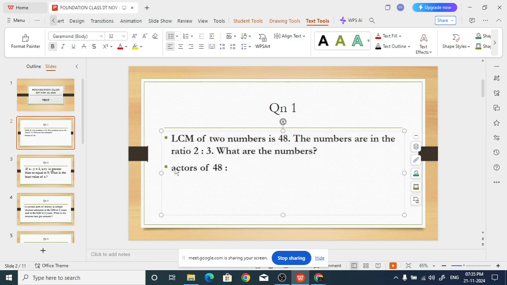Can you tell me factors of 48? 2, 3, 4, 6, 8, 12, 16. Then what is the next factor? 24, sir. 24. Now take any two numbers out of all these factors such that they are in the ratio 2 is to 3.